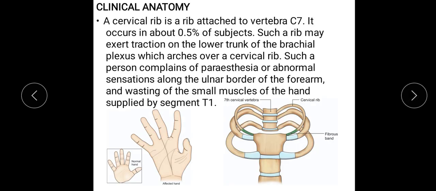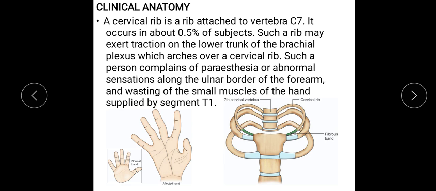Then applied anatomy. The cervical rib is an extra rib attached to the 7th cervical vertebra. This is the manubrium sternum, this is first costal cartilage, this is first rib. Above this first rib, there is an extra rib attached to the 7th cervical vertebra. That is known as cervical rib. It is present in 0.5% individuals.